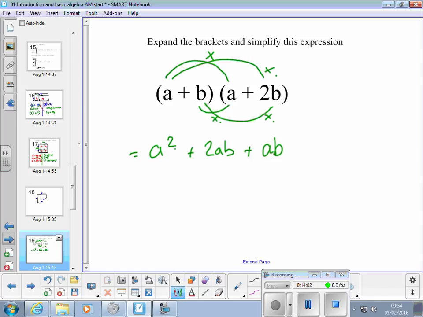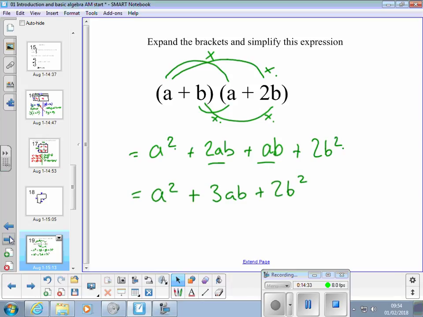And plus 2b squared. And then we've got two ab terms that we can join together to say the final thing is 3ab plus 2b squared.